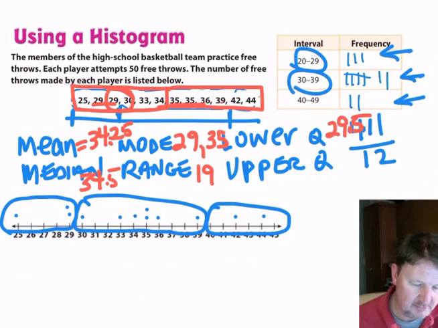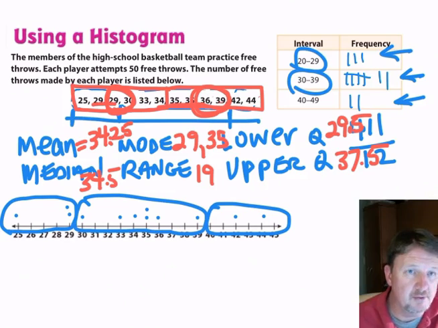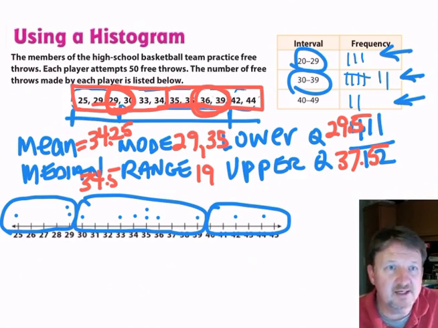My upper quartile would be the mean of those 2 numbers, which is 37.5. I added these 2 numbers together and divided by 2. I added these 2 numbers and divided by 2. All right, so that's everything I need to know about this particular topic.